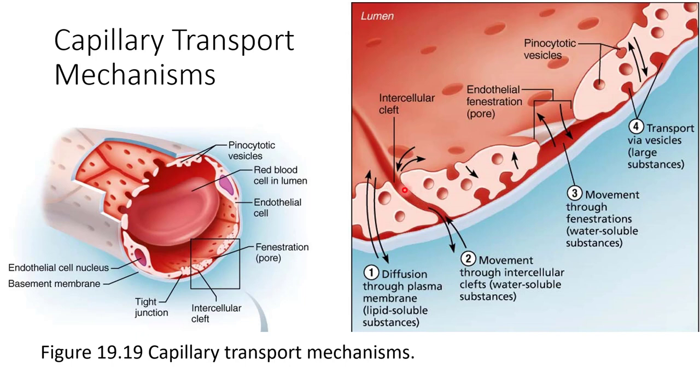This is good among water soluble substances, or they could move through fenestrations. These are the fenestrations, and this is also good for water soluble substances. And then they could be transported through exocytosis or endocytosis. They're being moved by way of active transport via a sac.